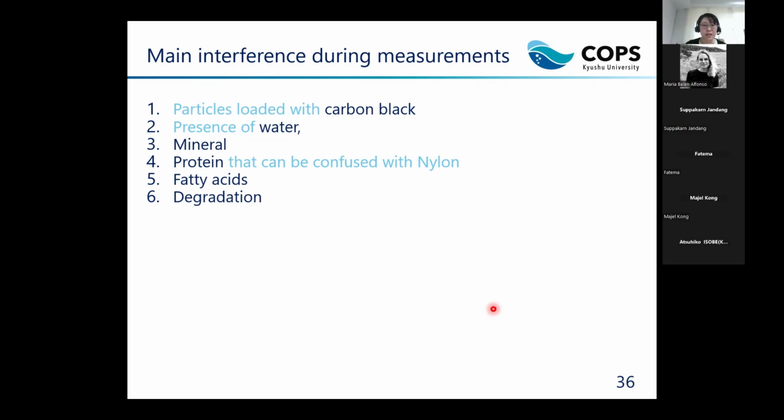You can measure the mineral instead of plastic, and sometimes you measure protein, and protein has a very similar spectrum to nylon, so it is very difficult to identify which one. Also, fatty acids are an interference for microplastics, and performance degradation of the plastic can affect the quality of the comparison.